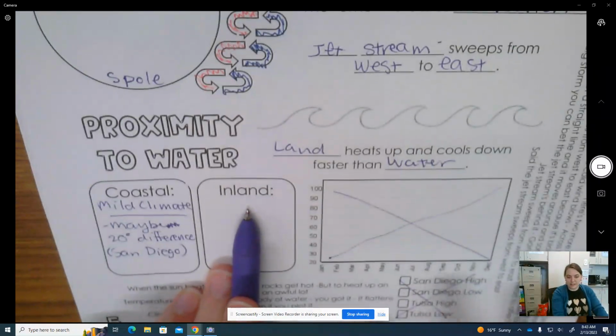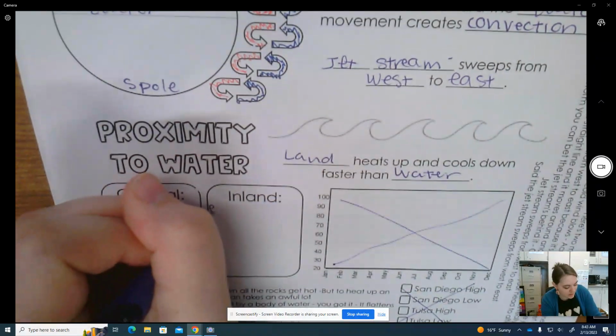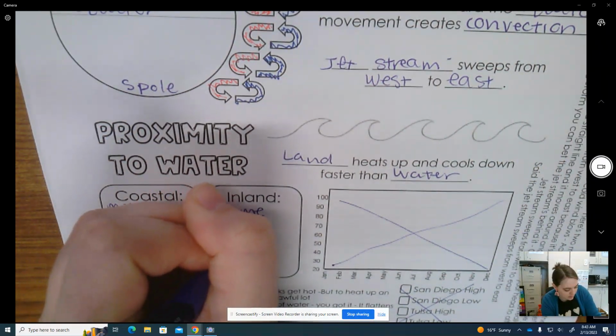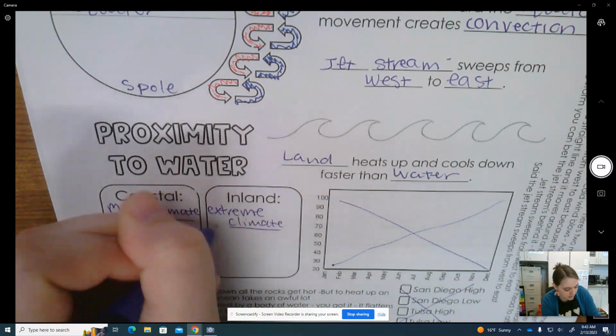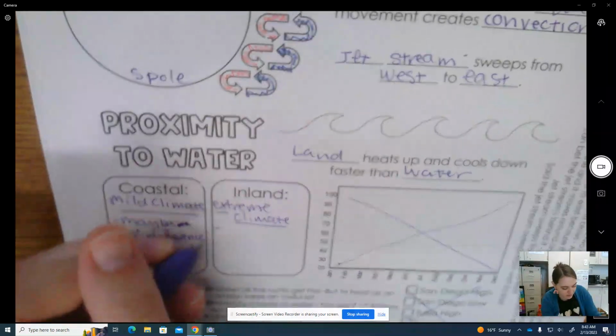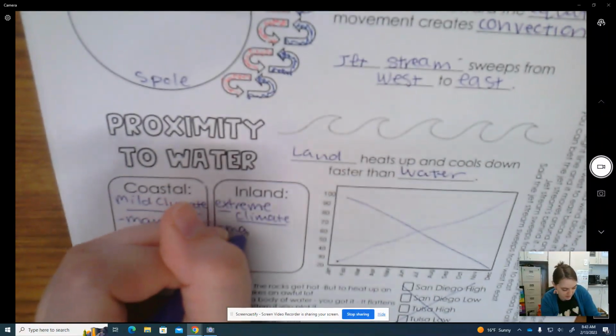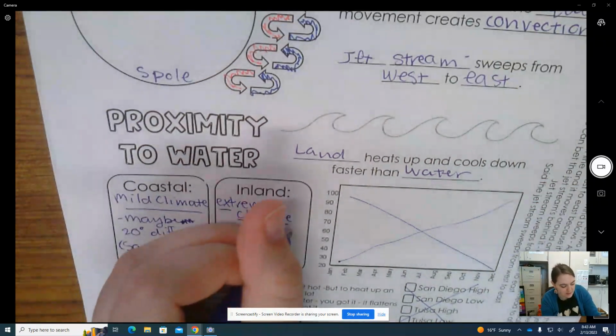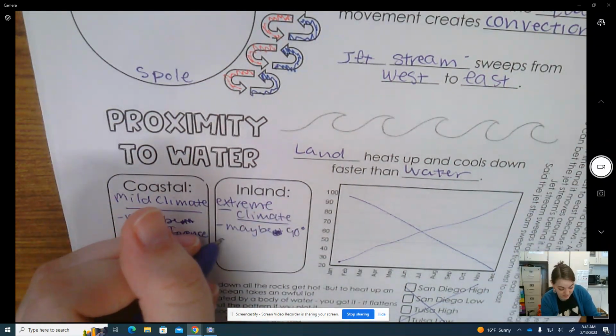But if you live inland, you're going to have more of an extreme climate. And that means you're going to have maybe a 90-degree difference.